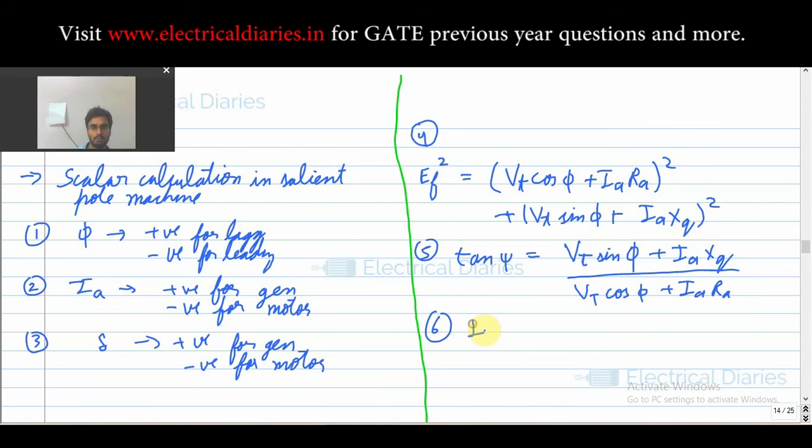Your ID or IAD you can write as IAD also, it's the same notation. I have used IAD, so I will use IAD here also. IAD will be Ia sin psi. See the phasor diagram and you will get this. And your IAQ will be equal to Ia cos psi.